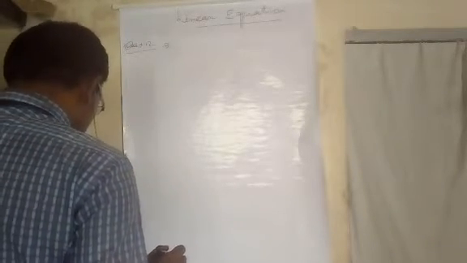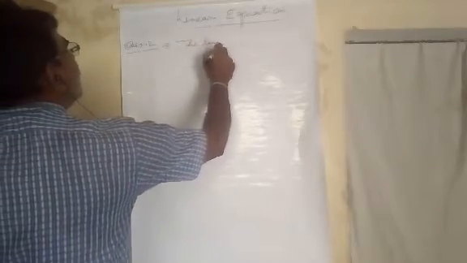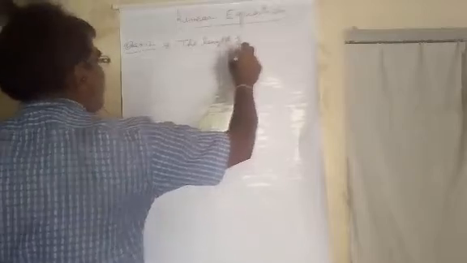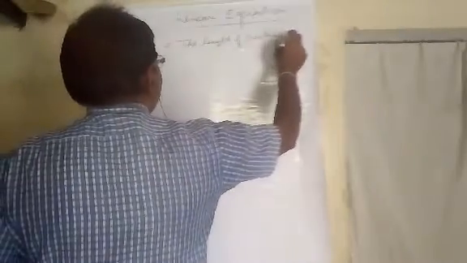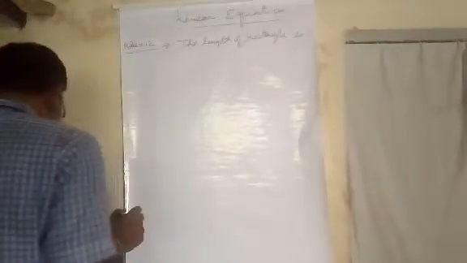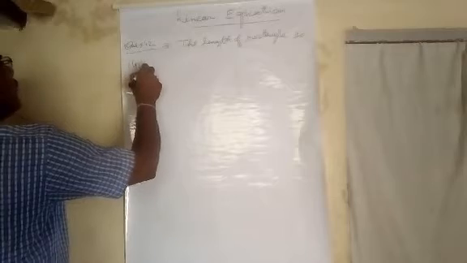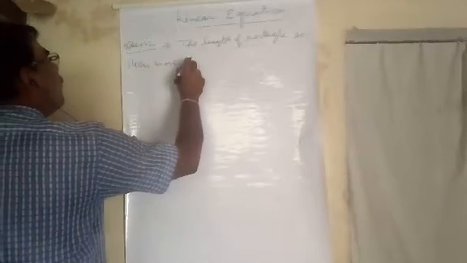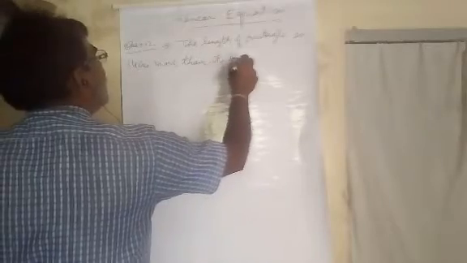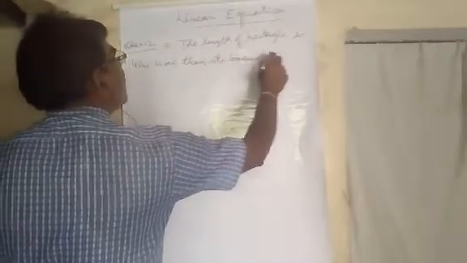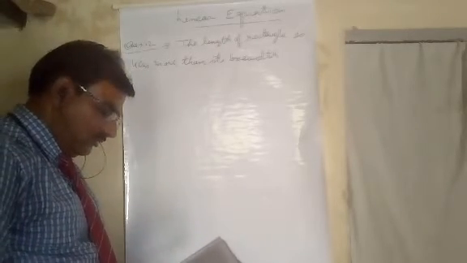The length of a rectangle is 14 centimeter more than its breadth.